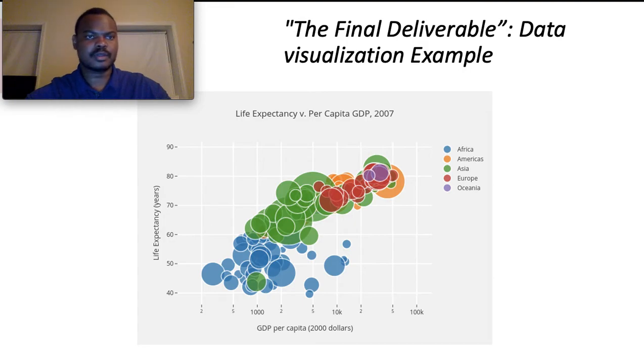And it shows regions with high life expectancies and high GDP per capita. So you can start seeing relationships easily when you have such a presentation. And it's really useful for an audience to be able to draw valuable conclusions and valuable insights.